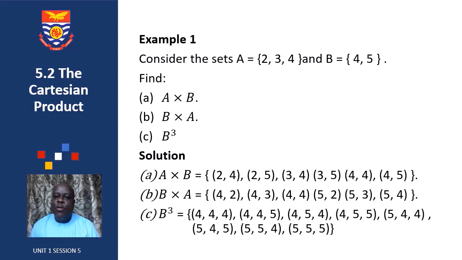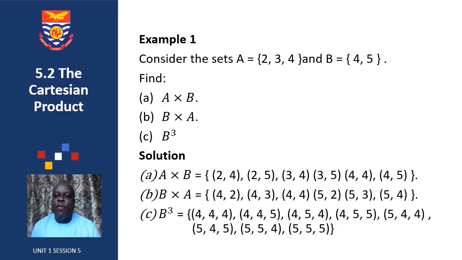Then we go to B cube. What B cube means is we are going to do B cross B cross B, and so we will repeat the set B 3 times. The first one will be (4, 4, 4). Then we have (4, 4, 5), then (4, 5, 4), (4, 5, 5).